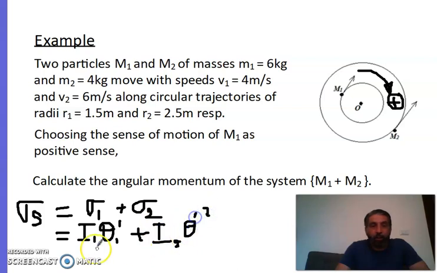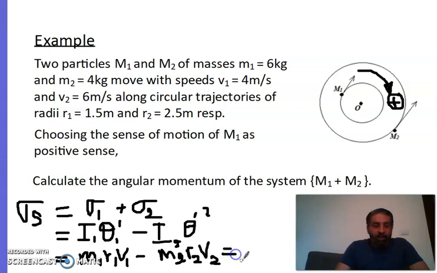Okay, I want you to verify that I1 theta prime 1 is only m1 r1 v1, and here minus, because m2 is moving opposite to the positive sense, so I prefer to write it here minus. So minus m2 r2 v2, right?